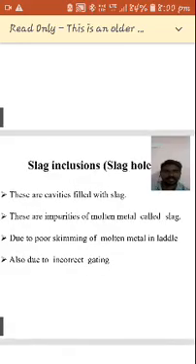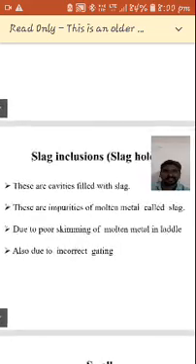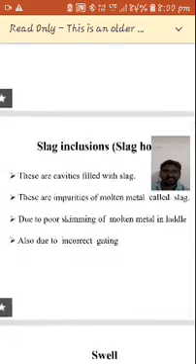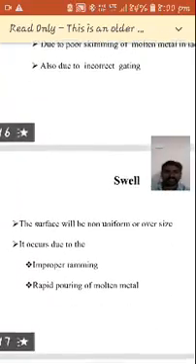These are impurities of the molten metal, called slag. They occur due to poor skimming of molten metal in the ladle, and also due to incorrect gating. So that is the slag inclusion, which we can also call slag holes.